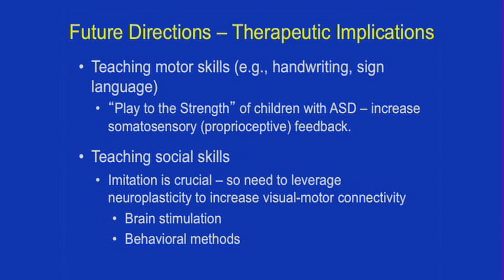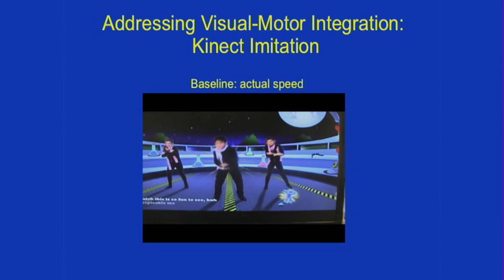But if we're really going to get them to better acquire these skills through imitation and other visual motor means, we really need to leverage neuroplasticity to increase visual motor connectivity. Potentially through brain stimulation, but what I want to focus on right now is some ideas we have for behavioral methods. Wyatt and Craig, who I mentioned earlier, are finding, like us, that children with autism are particularly impaired in catching balls, which requires rapid visual motor integration.